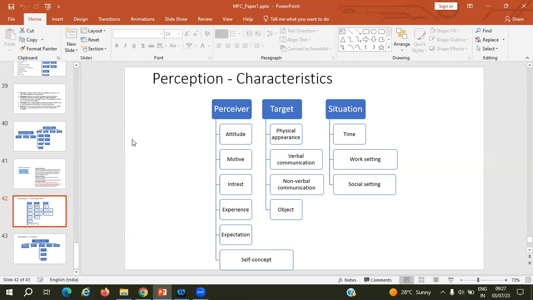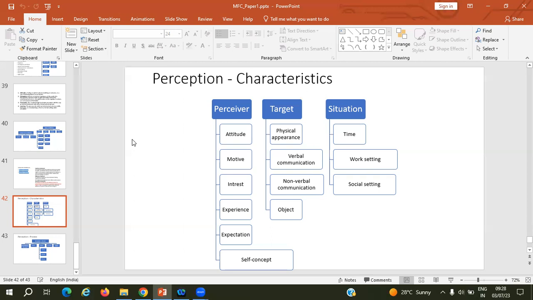Suppose you thought this company would give you a very good salary, but it is not giving what you expected. That means you have a wrong perception of that organization. Suppose it gives you more salary than you expected. That means you have a very good perception of that organization. So perception is driven by expectation.